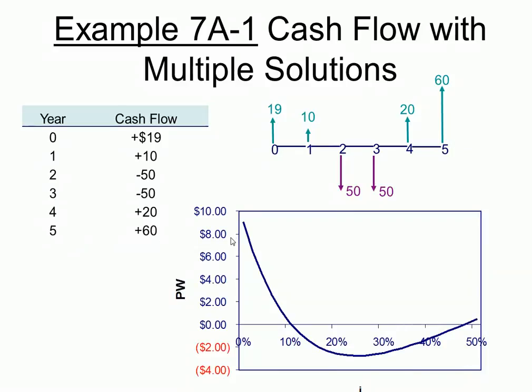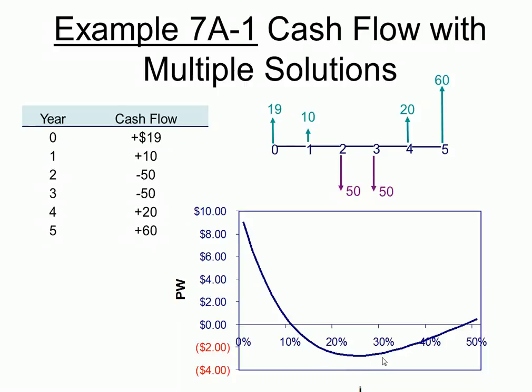If we were to find the present worth of all of these cash flows for different interest rates, starting with 0 all the way through 50, and then plotted them as present worth based on different interest rates, we would obtain this function.